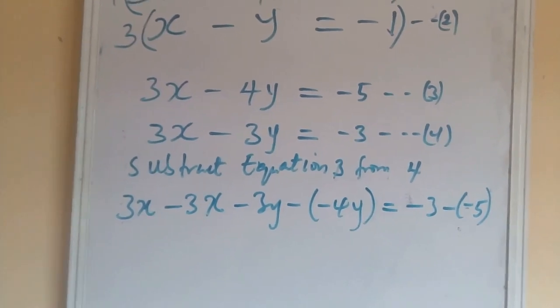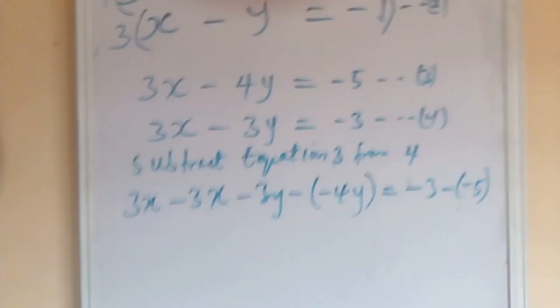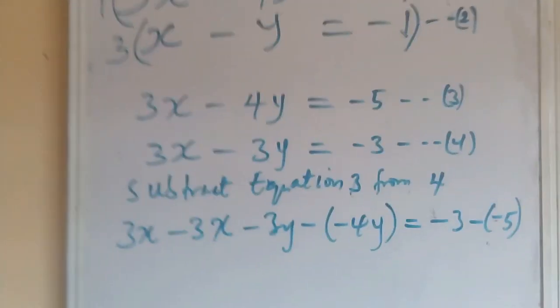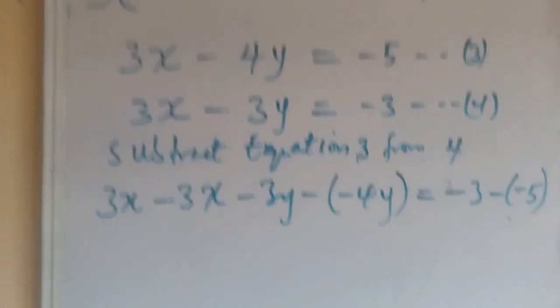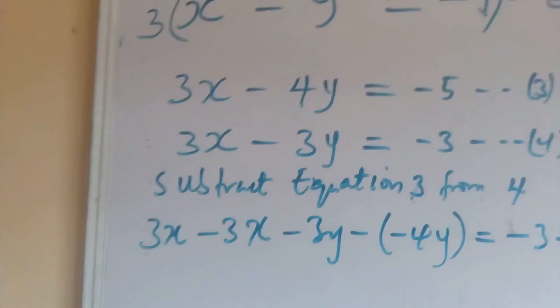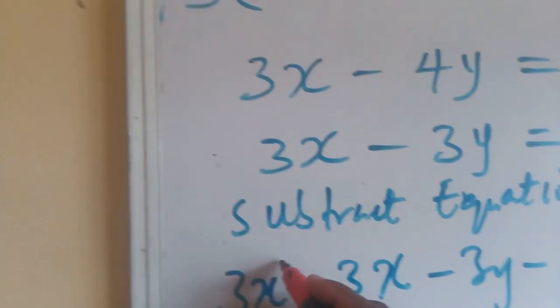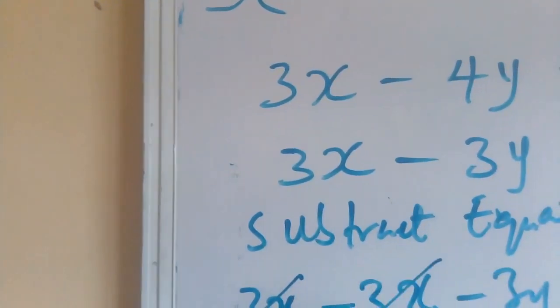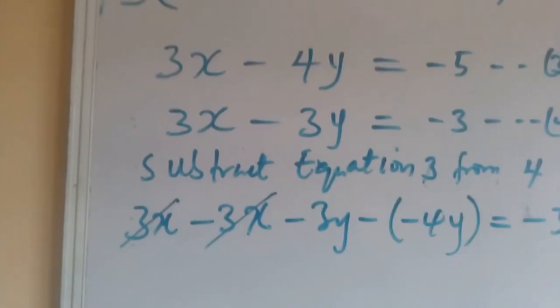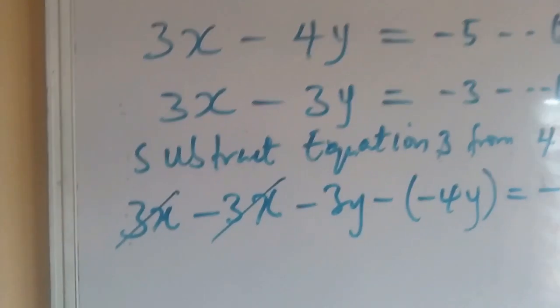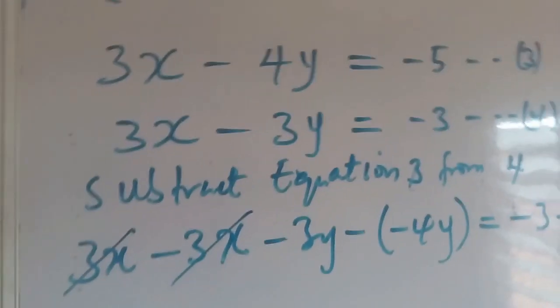So 3x will be eliminated from this equation, because 3x minus 3x gives us 0, so we have eliminated it. We are now left with the variable y.